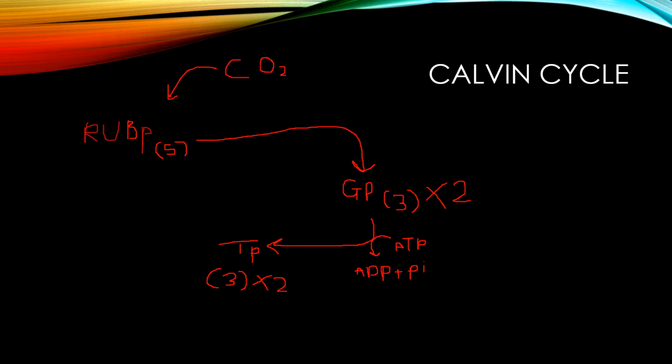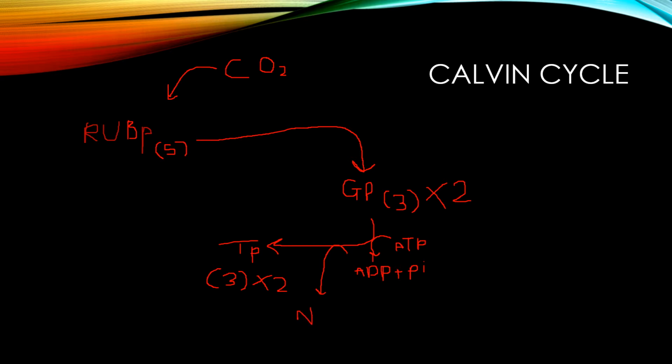As well as this, you have the same thing occurring for reduced NADP. So I'm going to write it as NADPH. Actually, let me not write it here because you can't really read that. I'm going to do it underneath.